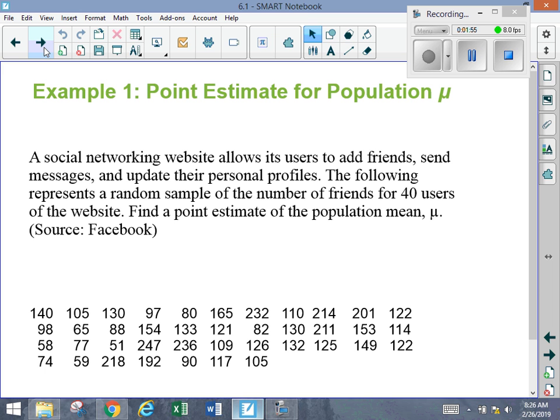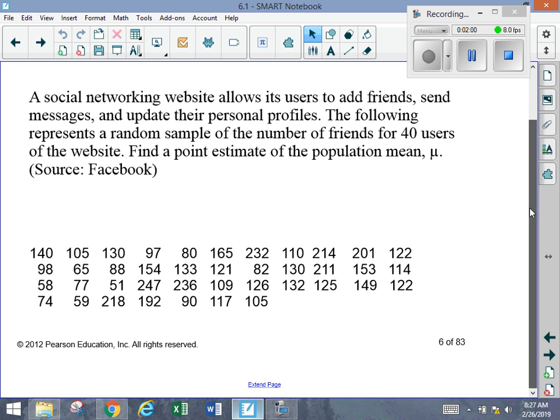All right, so let's get an example of what a point estimate is. So you've got a social networking website. People can add friends, send messages, and update personal profiles. Wow, never heard of it. That's groundbreaking. So they took a random sample of the number of friends for 40 users. And then we're going to find a point estimate for the population mean. I guess this actually came from Facebook.